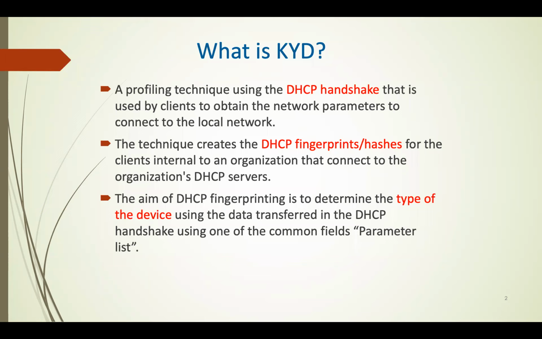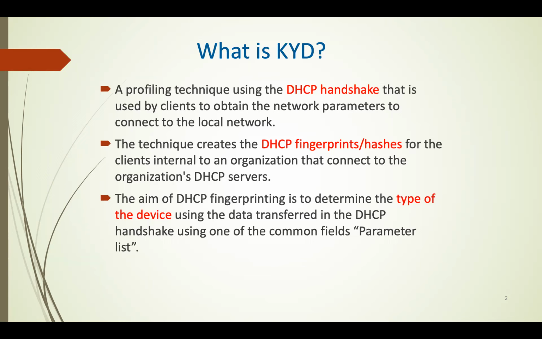It's based on, as I said, that very specific option called the parameter list. We will get into details of what that option looks like in the DHCP message, but a lot of information gets sent out from the client side in the parameter list whenever it requests an IP from the DHCP server. That sequence is very specific to the particular client or the vendor of the client, so that helps you determine what kind of client is connecting.